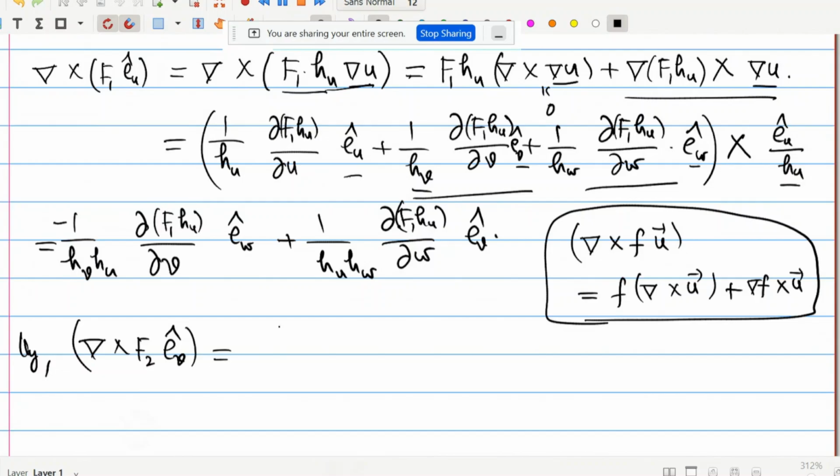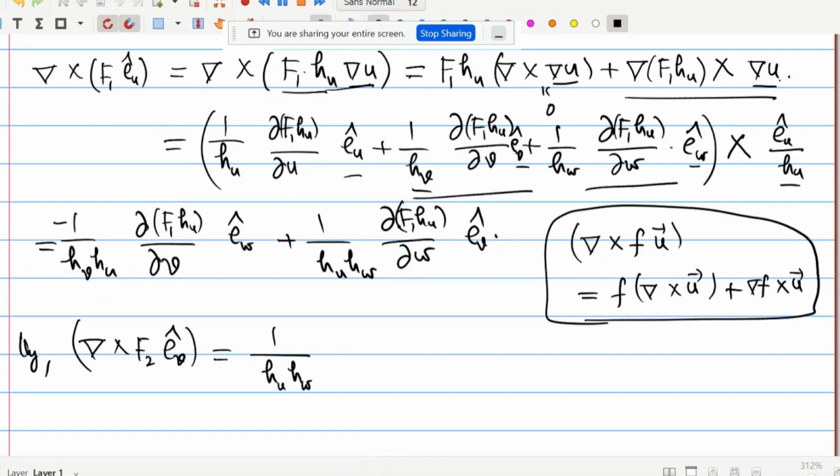The second term is 1 by HU HW times del of F2 HV, cross product with the gradient of V.